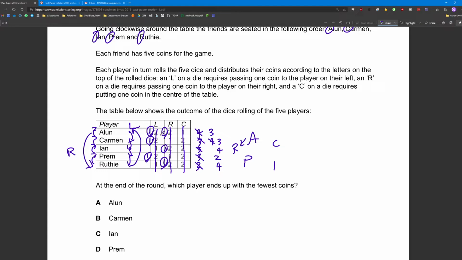And then we consider what happens with the coins passed to the right, so this becomes 2, 5. And then Ian passes 1 to the right, so go up, 3, 4. And Ruthie passes 1 to the right, so this is 4, 3. So our final numbers are 2, 4, 3, 3, 4.